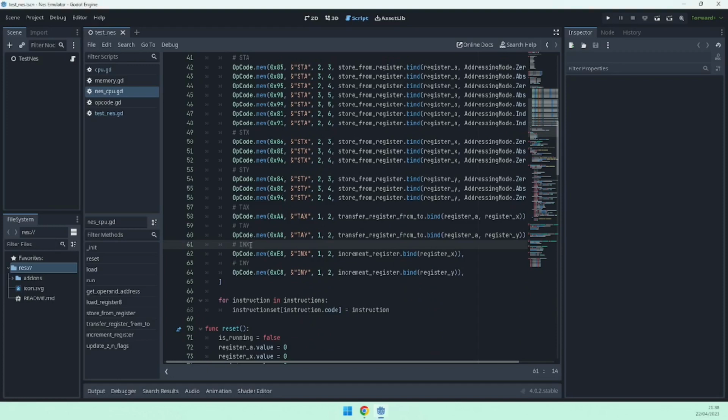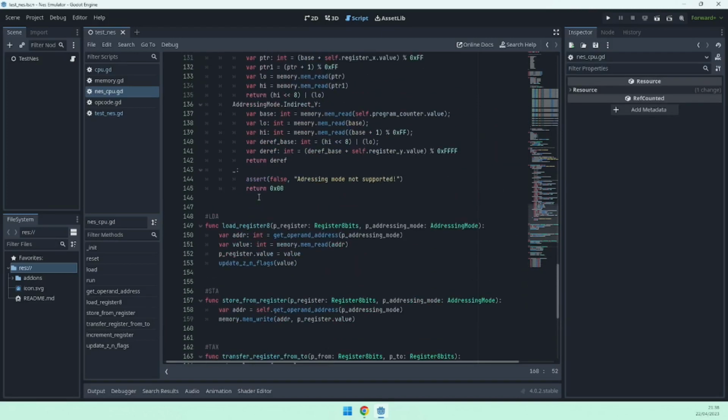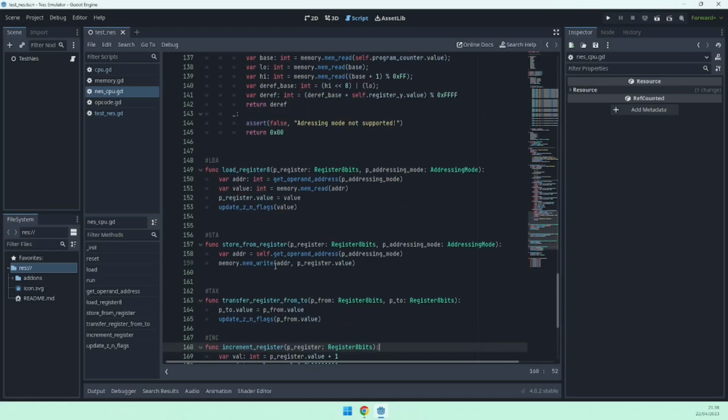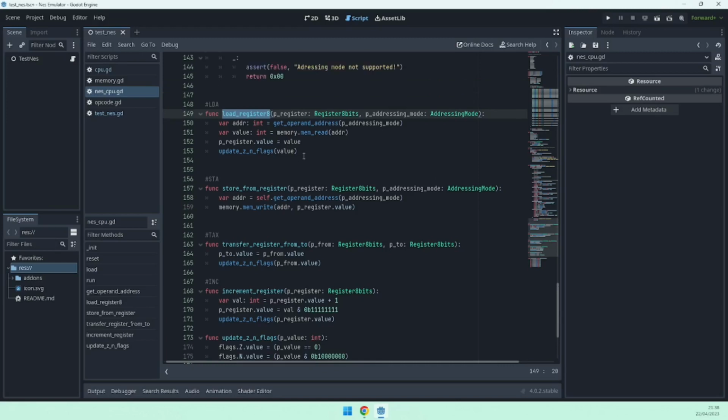So we have increment on X and Y. We have increment register in here. One thing I wanted to do was move these functions to the base class, but I will wait until later because I want to check how to do the updating of the flags.